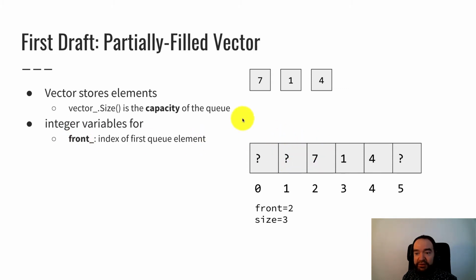It's an index number. So if my queue has 7, 1, 4, then in this sketch, front is 2, because 2 is the index number where you can find the 7, the front. And then we also have size that we were just talking about. We need to keep track of that size so that the data structure knows how many elements are there. That's why this sketch says the size is 3.